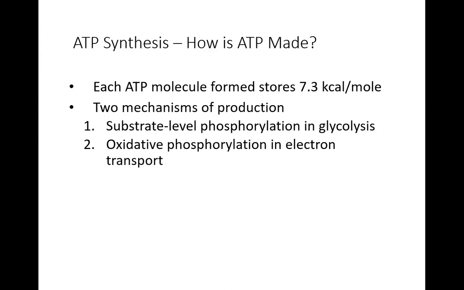There are two ways to make this. What we call substrate level phosphorylation takes place in the cytoplasm. It involves a process known as glycolysis. Substrate level uses enzymes for this to work. Oxidative phosphorylation takes place using electron transport.